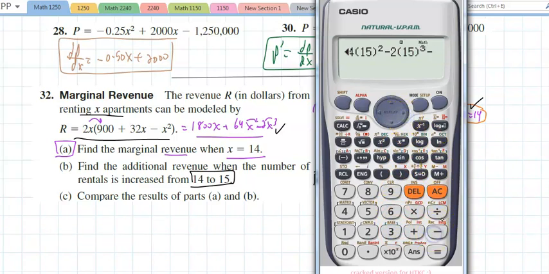Okay, minus, oh, I use parentheses, minus 1800 times 14 plus 64 times 14 squared.